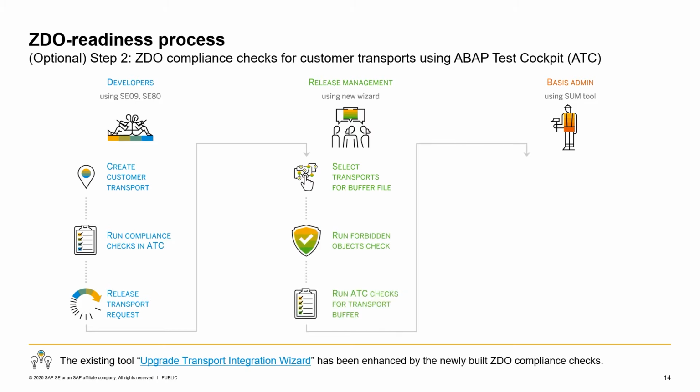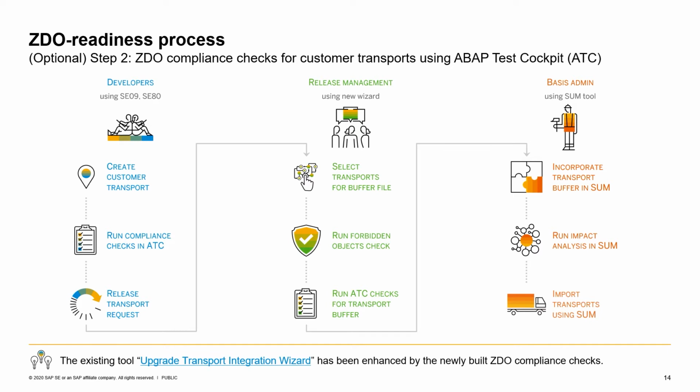And then in the end, once you have created the buffer file, you can hand it over to your basis admin, and eventually the basis admin runs the software update manager, consuming the buffer file, which contains the transports. And in the end, the software update manager takes care of the import of those transports. If you want to get more information on the wizard that I already mentioned, take a look at the blog that has been published in the SAP community.